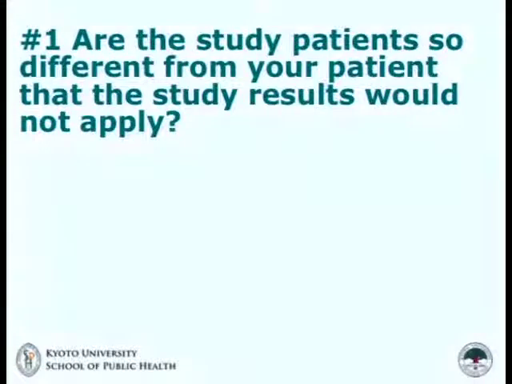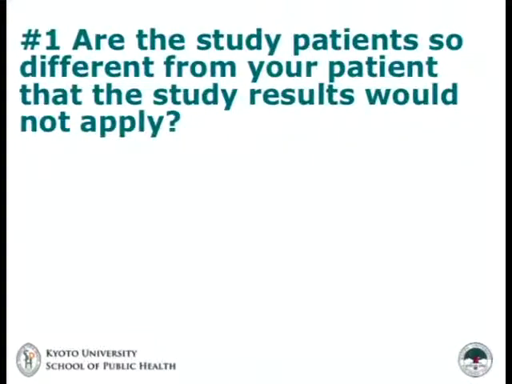However, for example, if the inclusion criteria for the study was age 18 to 65 and your patient was 67, would you think that the study results would not apply to your patient? Based on all your biopsychosocial understanding of the disease and the patient, you must ask yourself, are the study patients so different from your patient that the study results would not apply?